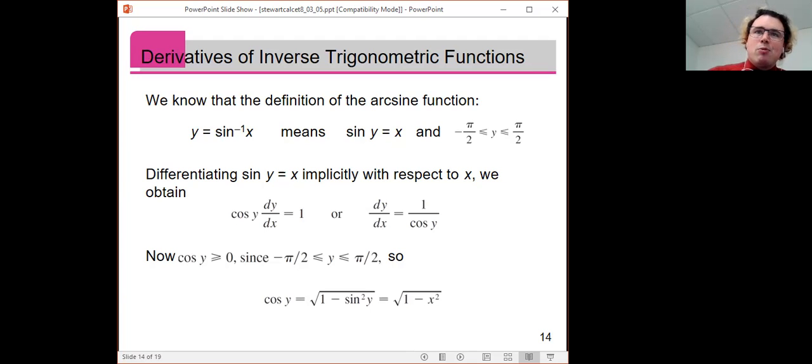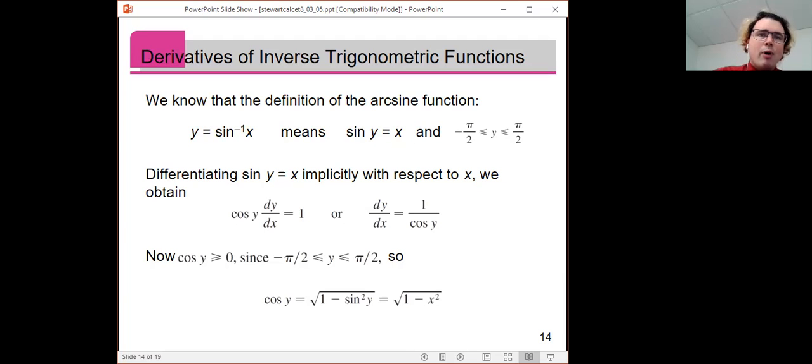Now, the whole business with this region here, y must be between negative pi on 2 and pi on 2, tells me that my cosine of y is positive. So I can say that cosine squared of y would be 1 minus sine squared of y.